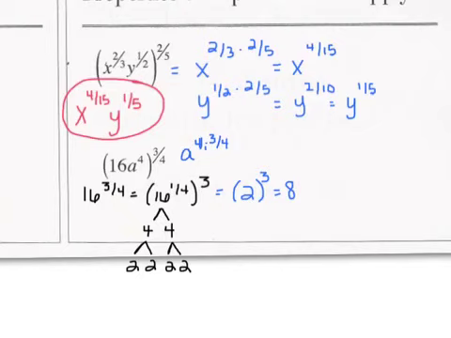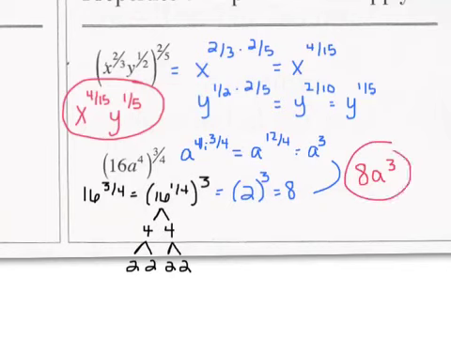Sorry, that's hard to read, but it says 4/1. If you multiply that straight across, you would end up with a to the 12/4, and 12/4 reduces to 3. So that's really just a cubed. Let's put these two things together: my final answer would be 8a cubed.